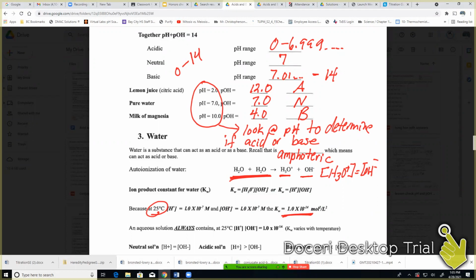But that is only at 25 degrees, because once you vary the temperature, then that's going to change how those two concentrations are related to each other, and then that would change that value. So we really don't use that number or that equation for much during this unit, but you just need to know what it is. So whenever you come up to higher classes of chemistry, you might be able to recognize it.